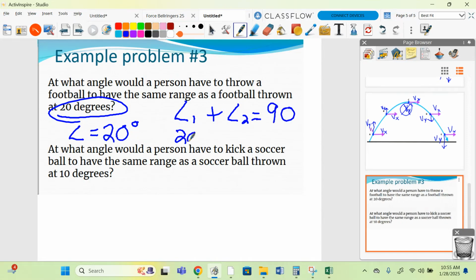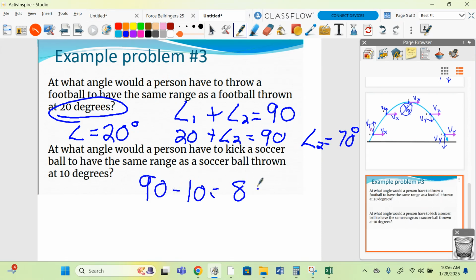So if this angle is 20, angle 2 would be 70 degrees. At what angle would a person have to kick a soccer ball to have the same range as something thrown at 10? 90 minus 10 is 80 degrees. And that's all the more math we will do with angle launched.